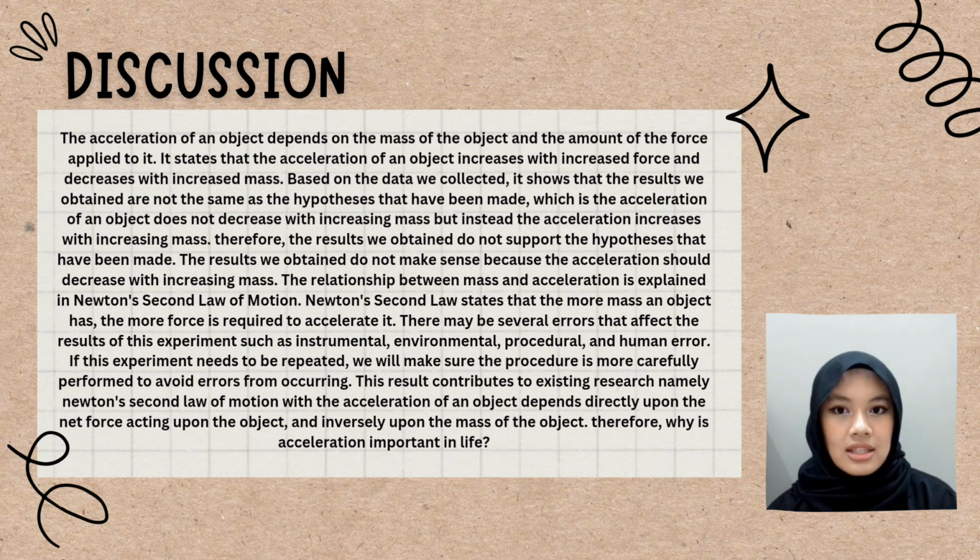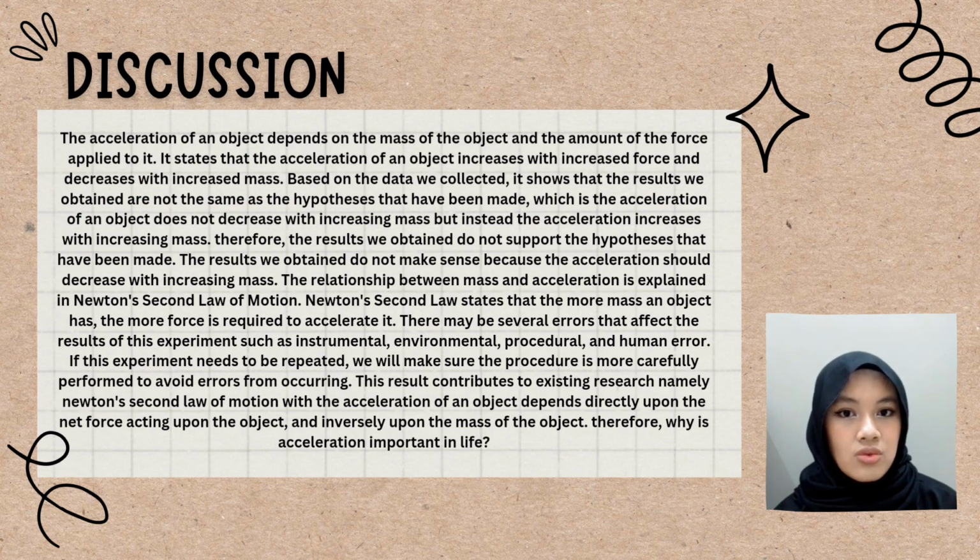The acceleration of an object depends on the mass of the object and the amount of force applied to it. It states that the acceleration of an object increases with increased force and decreases with increased mass. Based on the data we collected, the results we obtained are not the same as the hypothesis that was made, which is that the acceleration of an object decreases with increasing mass. Instead, the acceleration increases with increasing mass.